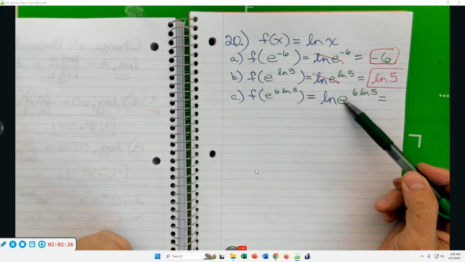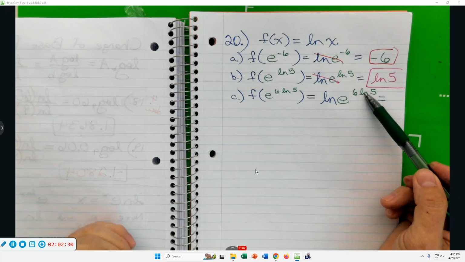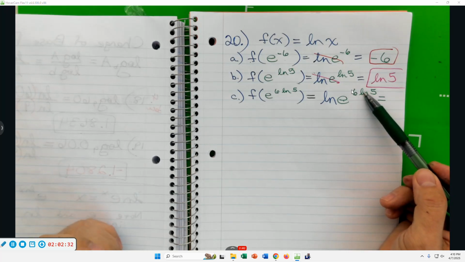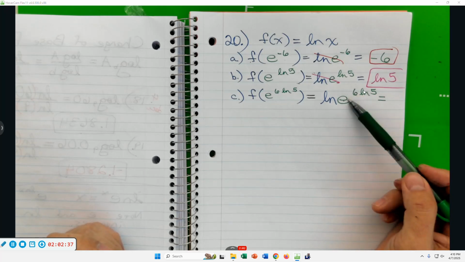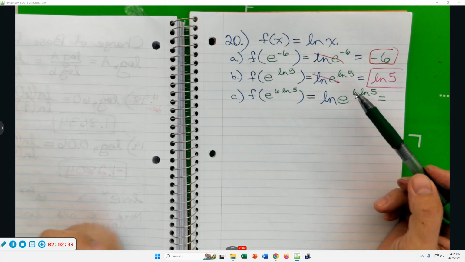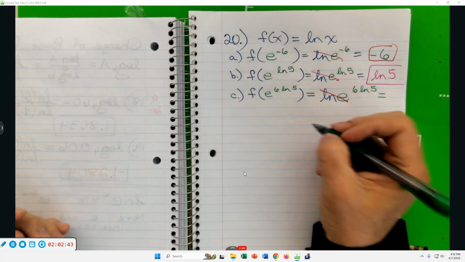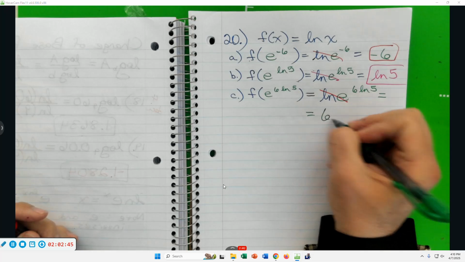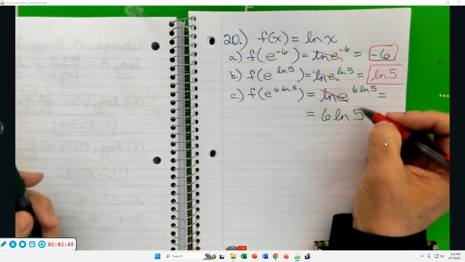Are this green e and that green ln consecutive, or is there something in between them? There's that 6 between them, so those aren't performed consecutively, and you're left with 6 ln 5 for your final answer.